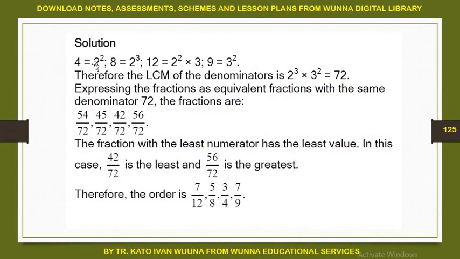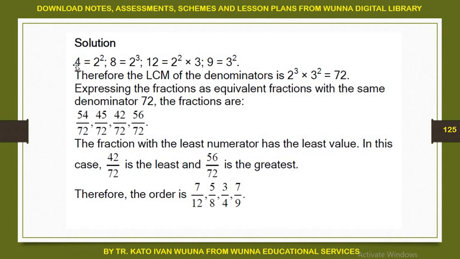We expressed the denominators as products of their prime factors, thereby having 4 as 2 squared, 8 as 2 cubed, 12 as 2 squared times 3 power 1, and 9 as 3 squared, whereby if you look at our denominators, they are expressed in the form of 2 and 3.